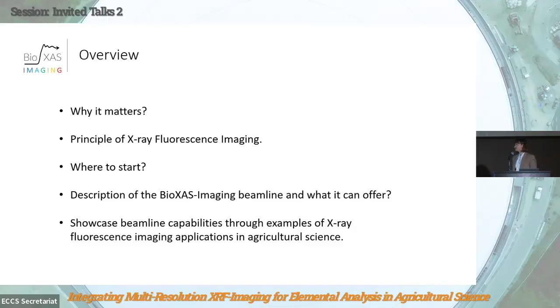In addition, describing the capability of the Bio-XCS imaging beamline, I will also cover some technical aspects of the beamline that can be taken into consideration regarding sample feasibility or data collection planning in agricultural science.